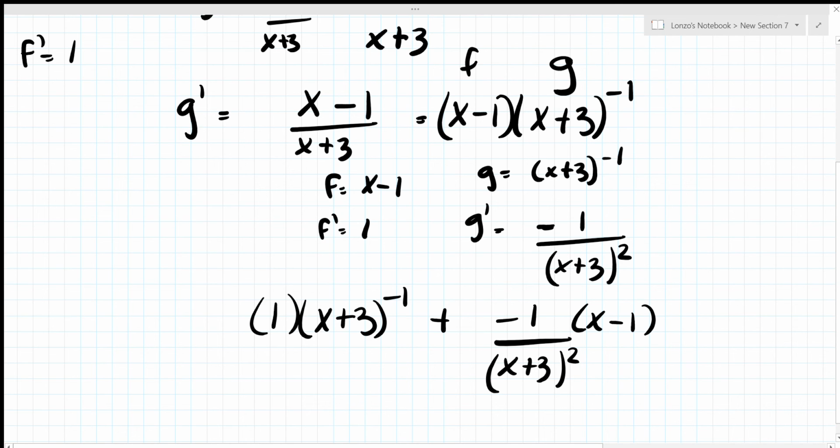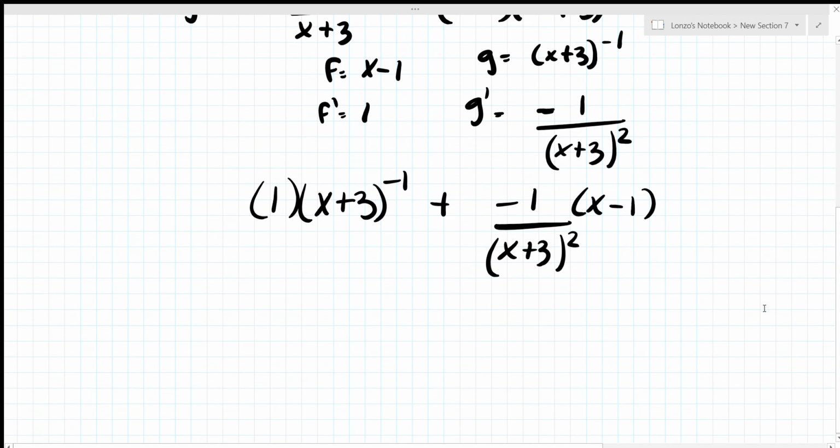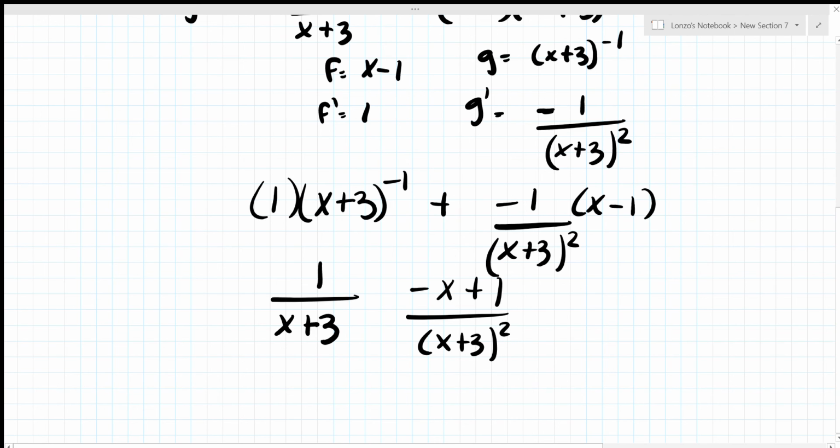Okay, so let's clean it up by combining like terms and adding fractions. How I write x plus 3 in fraction, I could write that as 1 over x plus 3 to the positive 1. And then this is going to be negative x plus 1 over x plus 3 squared.